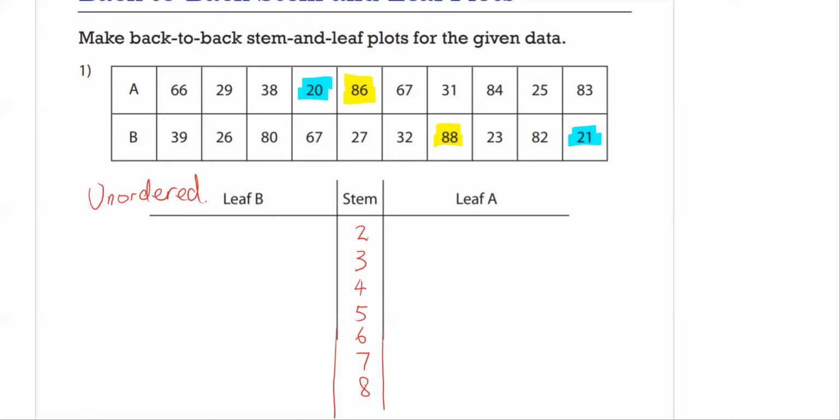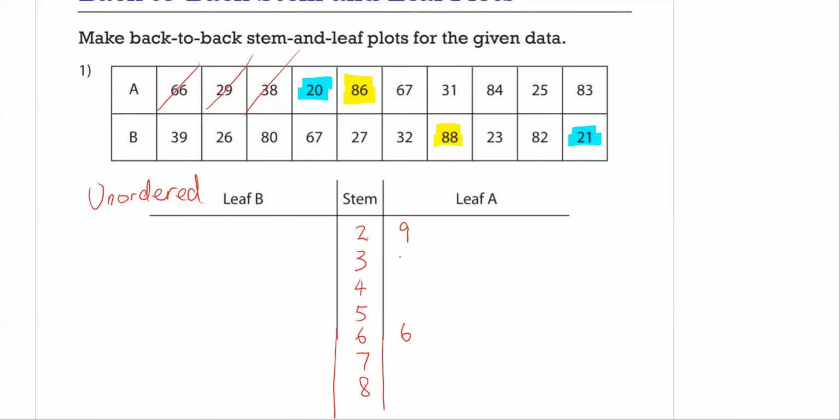Taking down the values one at a time, 66 will have a stem of 6 and a value of 6. 29 will have a stem of 2 and a value of 9. There is no need to put commas to separate the numbers in the leaf section. You just have to make sure that a gap is left and that all the numbers line up vertically.